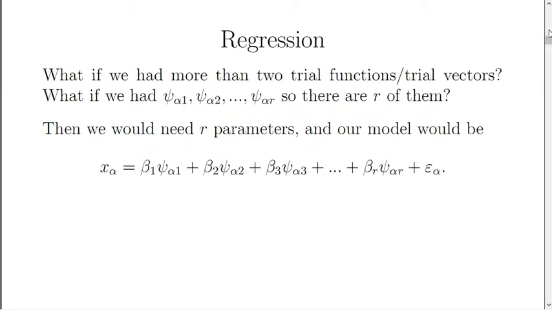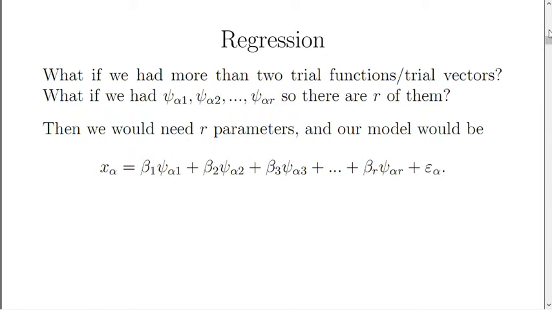What if we had more than two trial functions, trial vectors? What if we weren't just doing linear regression so the model was a straight line, but the model was some other more complicated function? What if we had trial vectors psi sub alpha 1, psi sub alpha 2, etc., all the way up to psi sub alpha r, so there are r of them?